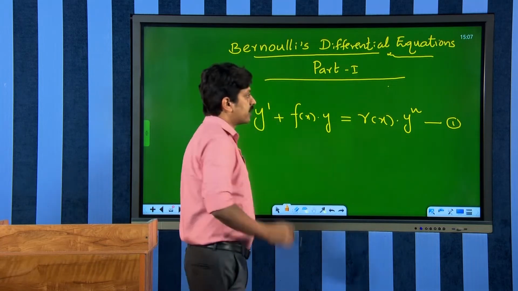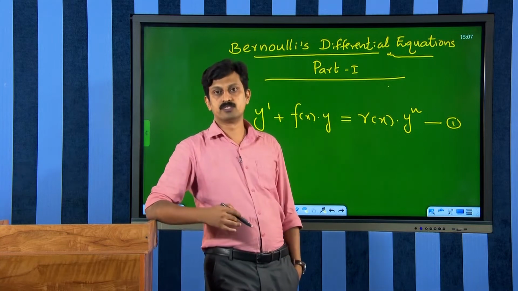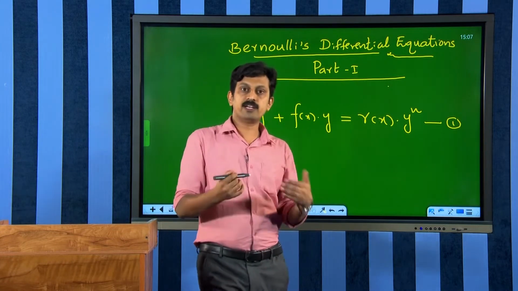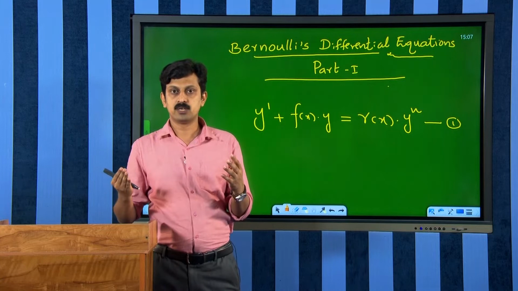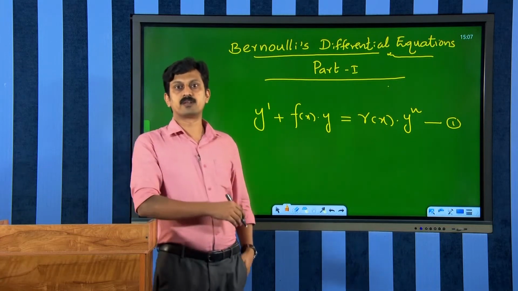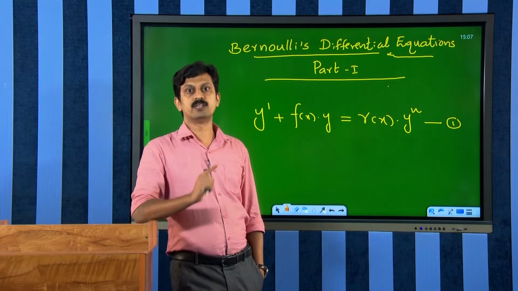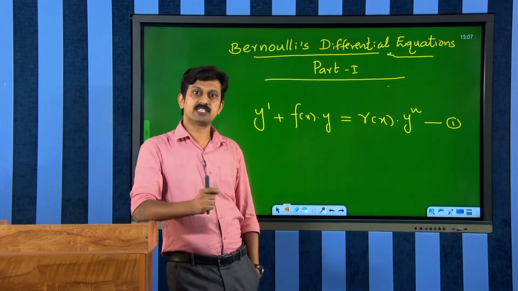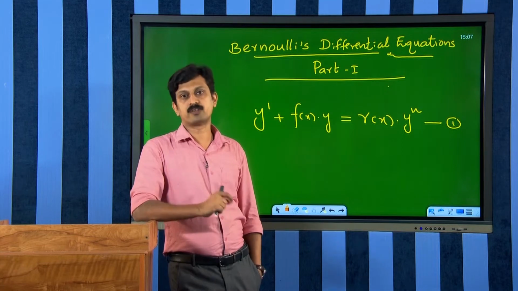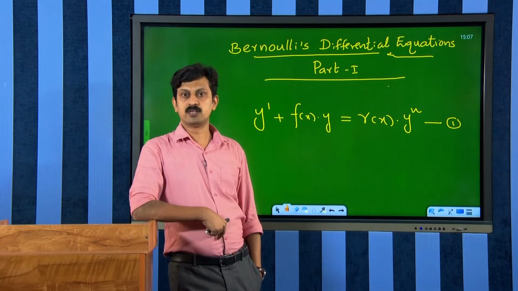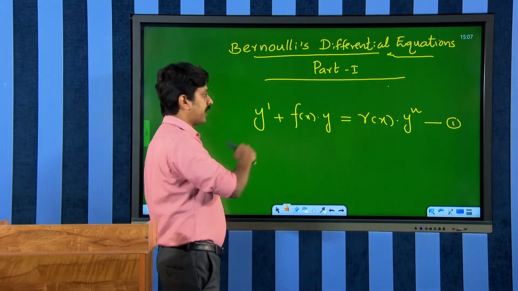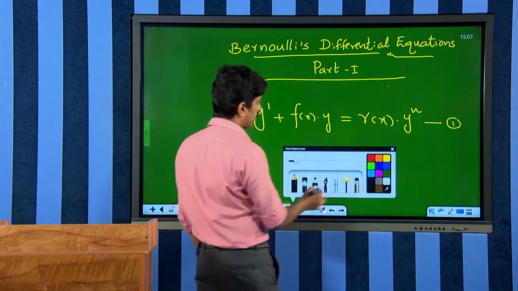Our thought is, how can we solve this Bernoulli's differential equation? We already discussed many methods to solve first order differential equations. Among those, one method is the first order linear differential equation, and we discussed how to solve it. Now see, here we have f of x and r of x.